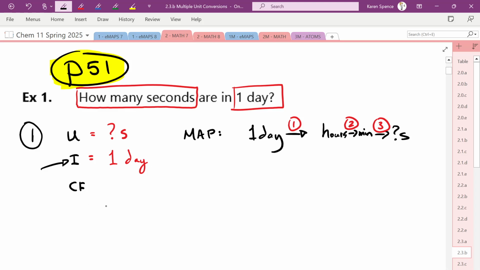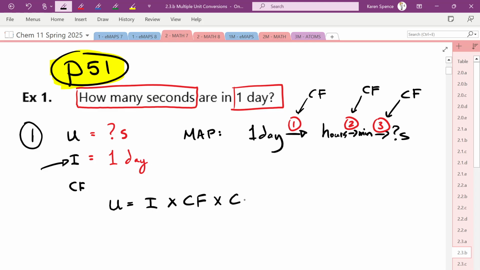Let's remind ourselves, we solve these problems by writing down our unknown equals our initial times conversion factor. But in this case, it's conversion factor number 1, conversion factor number 2, and conversion factor number 3.